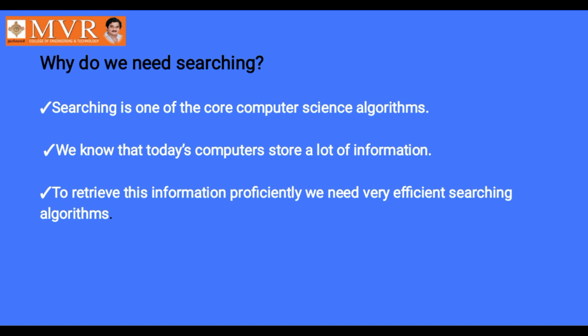Searching is nothing but retrieving an element from a group of elements. For performing searching, we need different searching algorithms. Out of them, we need very efficient searching algorithms to perform our search fast, efficiently, and very quickly.